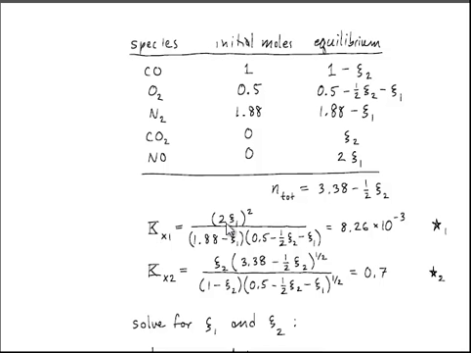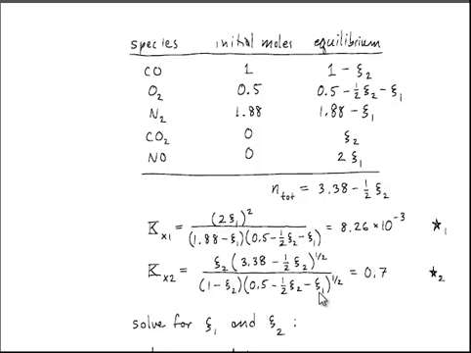We had the amount of NO squared divided by the amount of nitrogen and the amount of oxygen at the exit. These are mole fractions. Notice that I don't have a factor of 3.38 minus 1/2 Xi2, because there are 2 gases in the numerator and 2 gas molecules in the denominator. These factors just canceled.